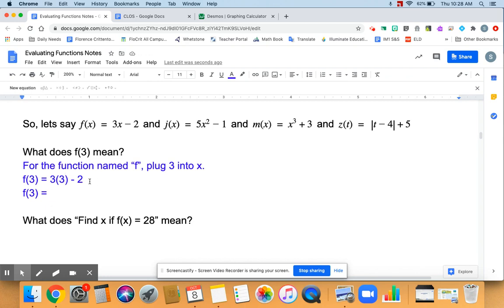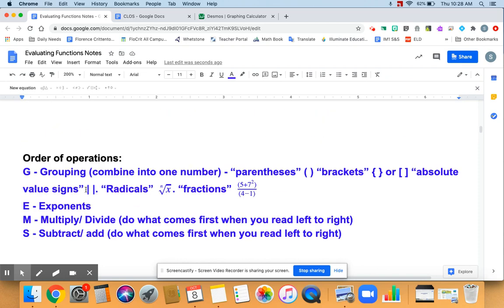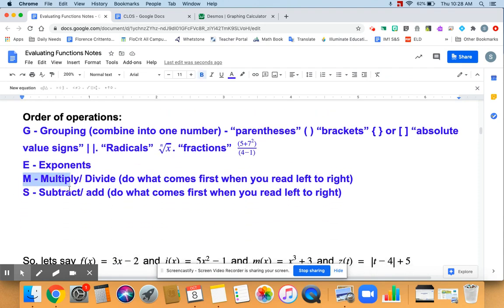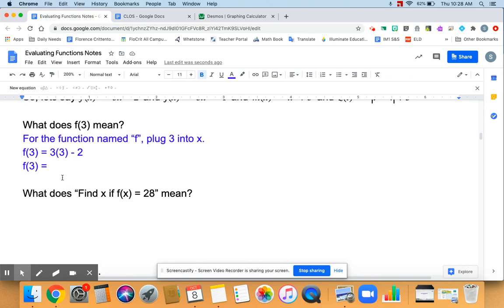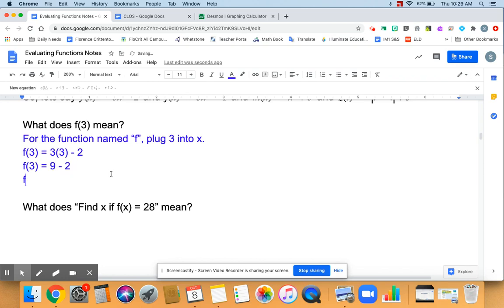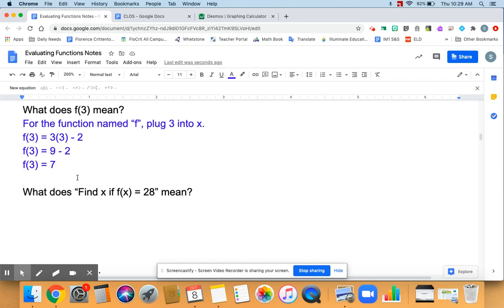No. Next, do I have any multiplying or dividing? I do, because 3 parentheses 3 means to multiply, and 3 times 3 is 9. Then I have minus 2. So finally, for f, when I plugged in 3, I get 9 minus 2, which is 7. That's how you do one of these.